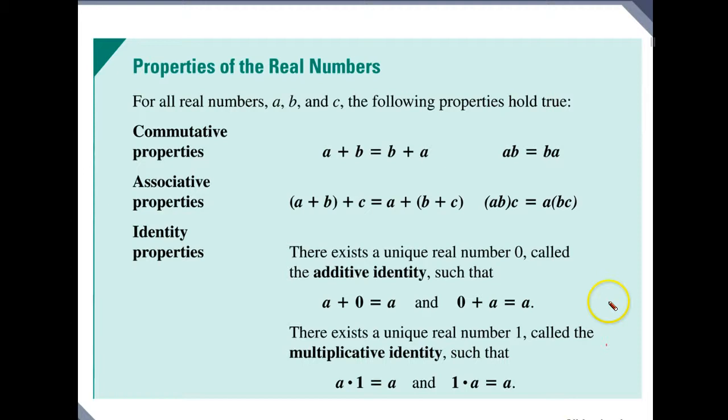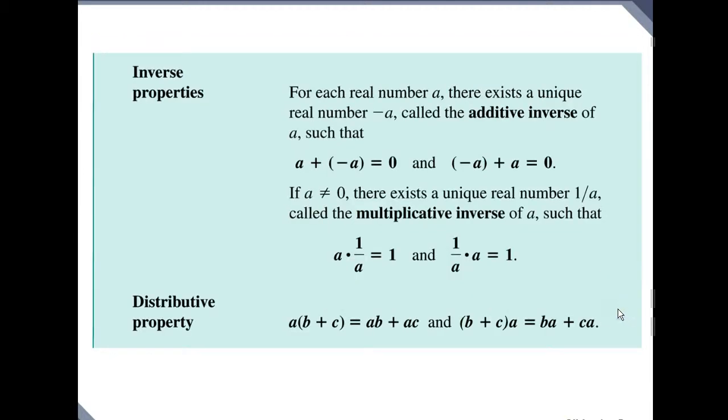Okay, let's go on here. Now the inverse property. Now if you have a value A and you add it to negative A, the sum is 0.